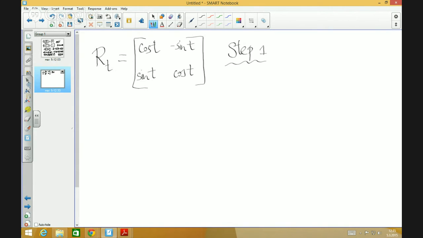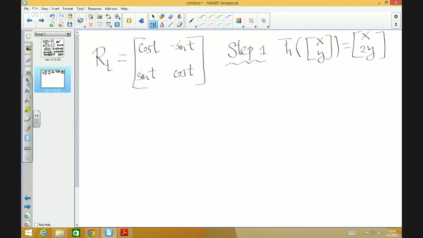So what I want is to double the size of the y component. I want a transformation T such that T of (x, y) goes to (x, 2y). Transformation T1.